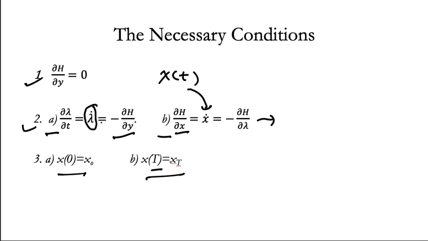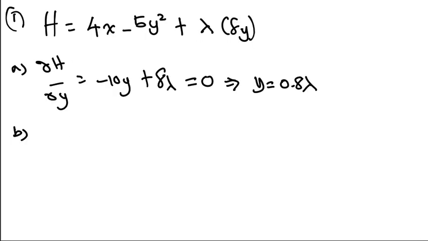Alternatively, you can find it this way, equals minus delta h over delta x. Also, x dot equals delta h over delta lambda, alternatively written as the other condition. So for number 2, we need to find delta lambda over delta t, which is lambda dot, equal to minus delta h over delta x.